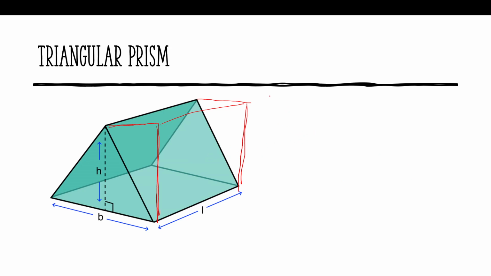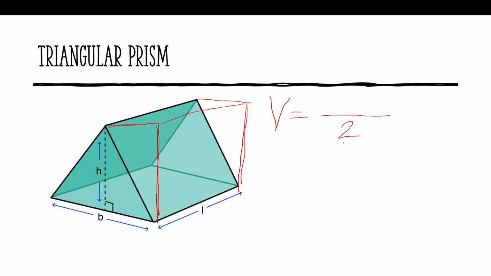So, ibig sabihin, ang formula ni triangular prism is kagaya lang din ni rectangular prism. Kaya lang, dahil kailangan ng dalawang triangular prism para mabuo si rectangular prism, ibig sabihin, para naman magawa si formula ni triangular prism, kailangan nating hatiin yung formula ni rectangular prism.